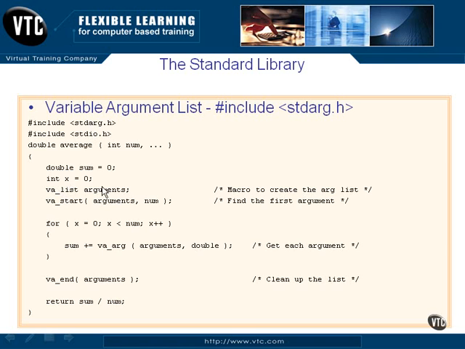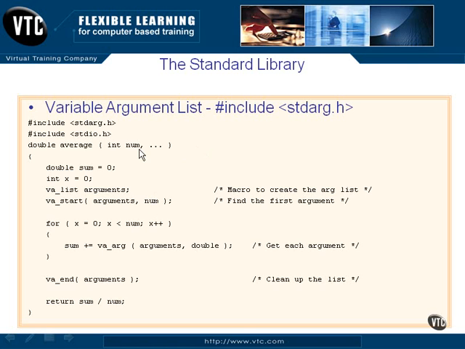That creates our arguments. We call va_start and pass it the arguments structure and the number, which is the last known variable before the unknown list up here. It's however many may be here at any one time. Like printf, remember, you could have multiple variables out here and not know how many were going to be passed in.